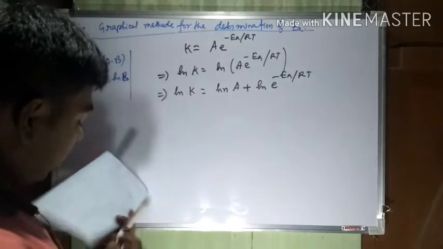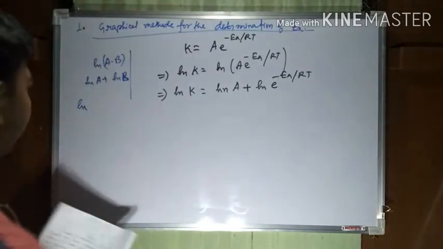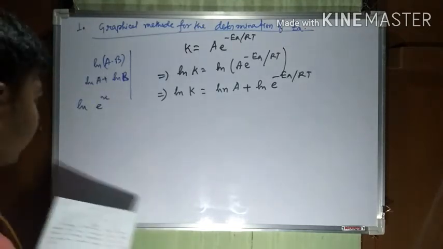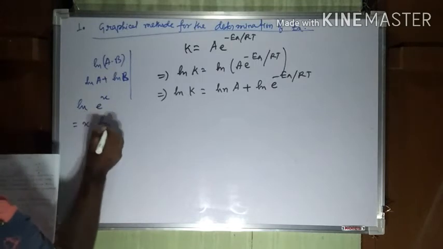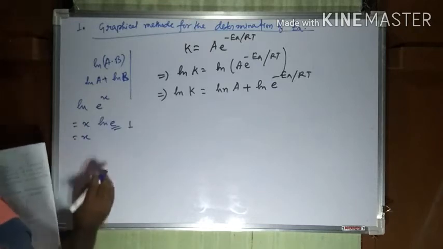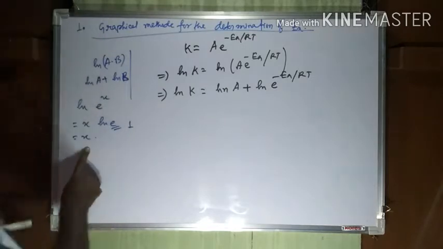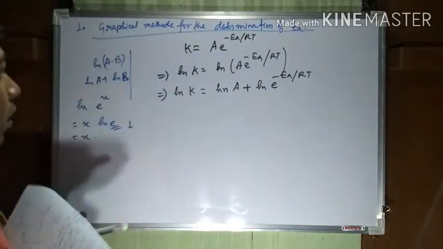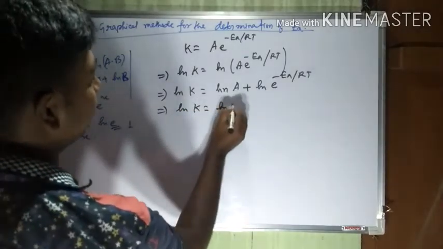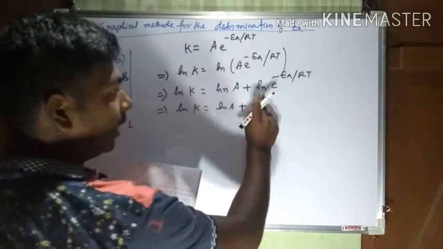Now, another formula is ln e to the power x equal to x ln e, and ln e is the value of 1. That means x. This formula we have to apply here. How? See the next step: ln K equal to ln A plus ln e to the power x.